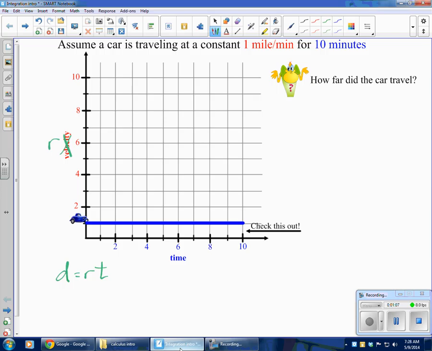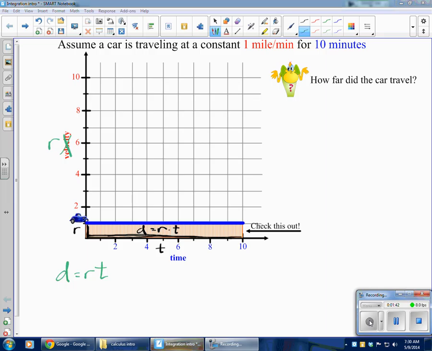Well, since rate times time is distance, I can find the area underneath this blue line. So looking at this rectangle down here, if I find the area of it, base times height, well, the base is time, the height is the rate, so the area of this rectangle, rate times time, gives me the distance.